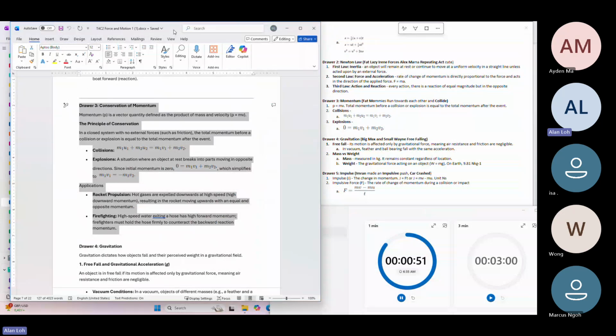You kept it in your purse. In your purse is impulse. So now we are in drawer number 5. Let's do one minute for this. Read from drawer number 5 until the end of the ball.